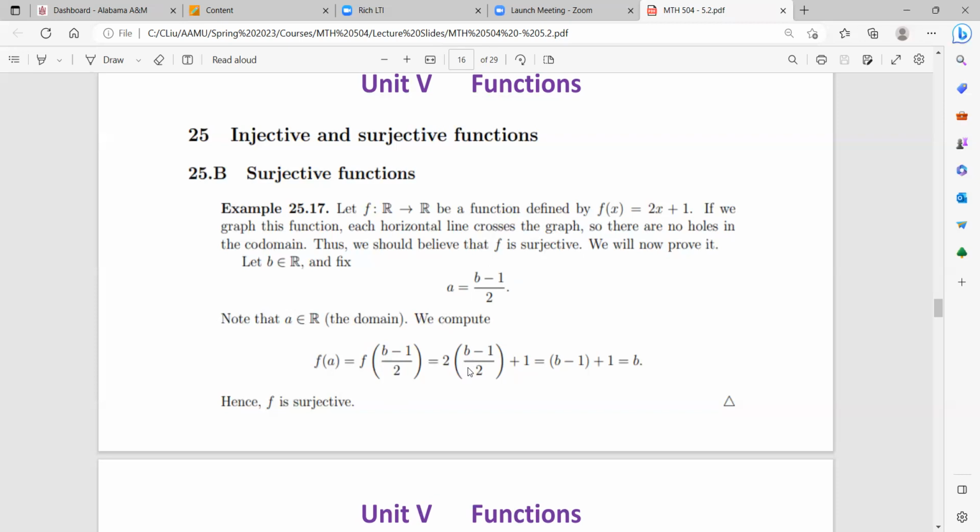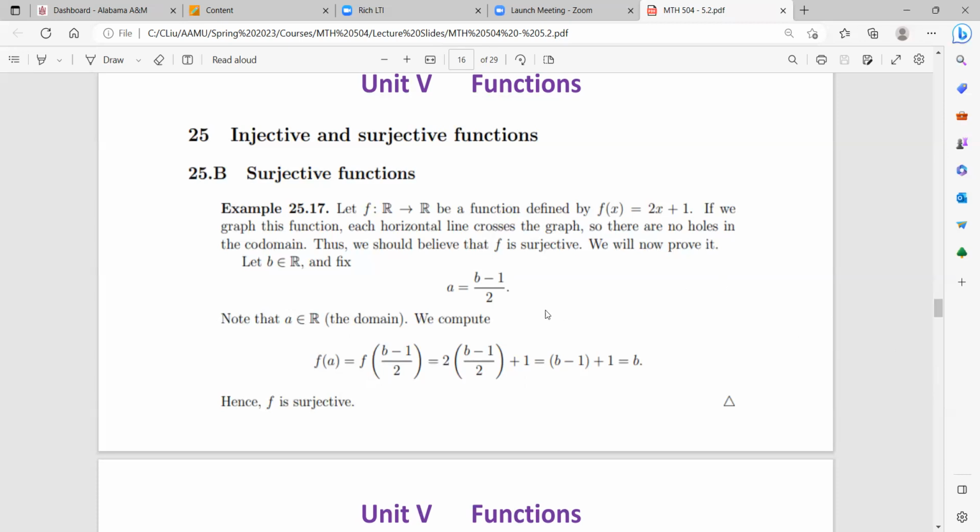We get b minus 1 if you cancel the 2, and then you add 1, so you get b. So f of a equals b. So for any real number b, you can always find a real number a so that f of a equals b. That means f is surjective.